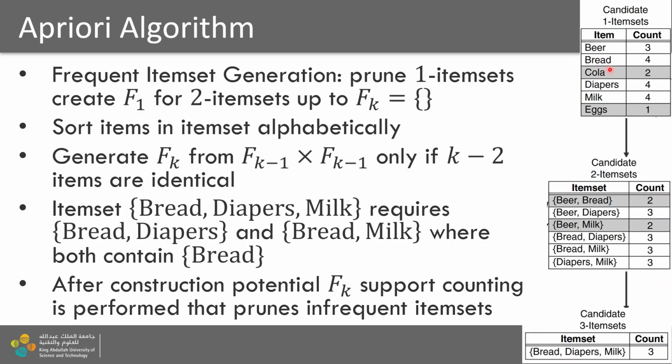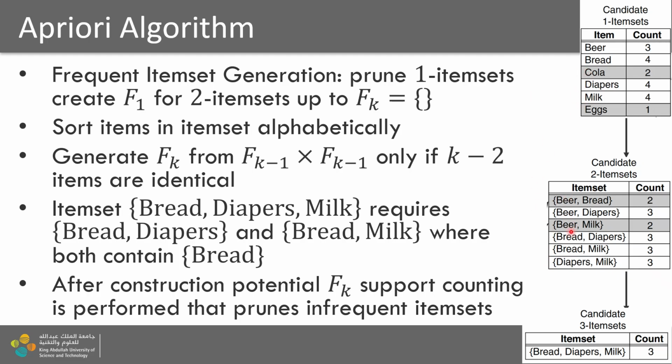Therefore, we will not be adding bread and beer, which is the equivalent combination, because the bread will never be added before beer. The beer will be first in the order because the item set needs to be sorted alphabetically. And then bread will be in combination with diapers, like here, but also the beer will be in combination with diapers, this is here, and beer with milk, which is here, and then bread with diapers, bread with milk, and then diapers with milk.